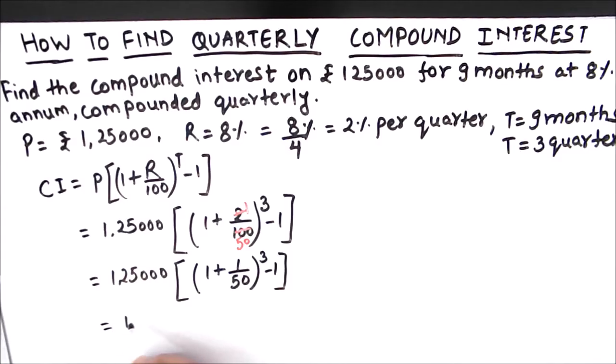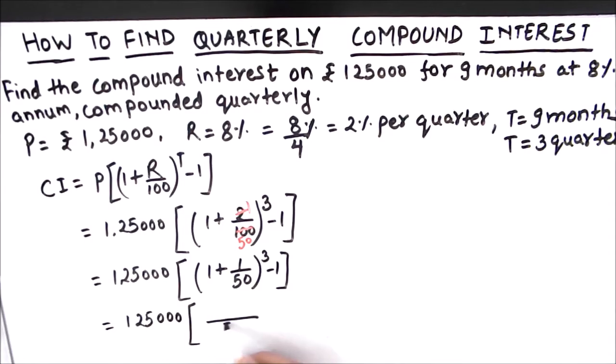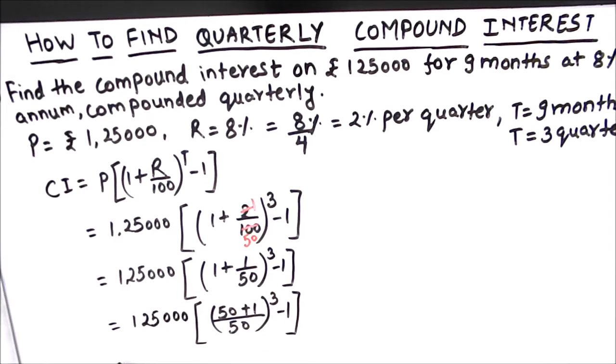So this is going to be 1,25,000 times, LCM is 50, (50 plus 1) whole cube, minus 1. So this is equal to 1,25,000 times (51 upon 50) whole cube, minus 1.